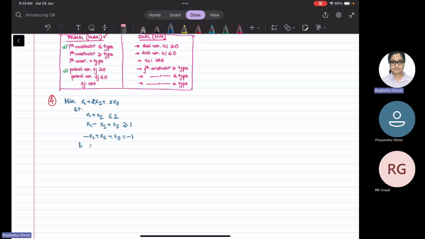And x1 is unrestricted in sign, x2 is greater than equal to 0, and x3 is less than equal to 0.